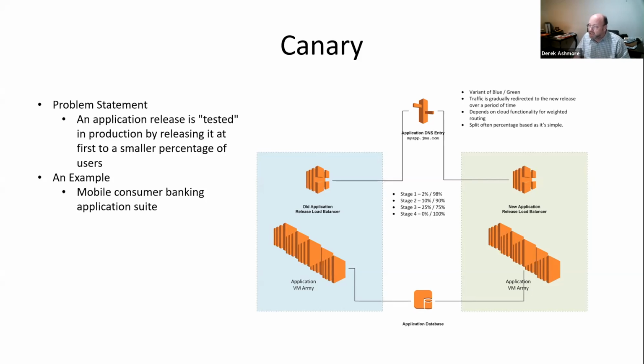When it comes to implementing something like this, one of the reasons why percentages are frequently used is that it's supported by many cloud vendors. For instance, if you're familiar with Route 53, which is Amazon's DNS service, you have weighted routing policies, right? So this kind of situation is very easy to implement.